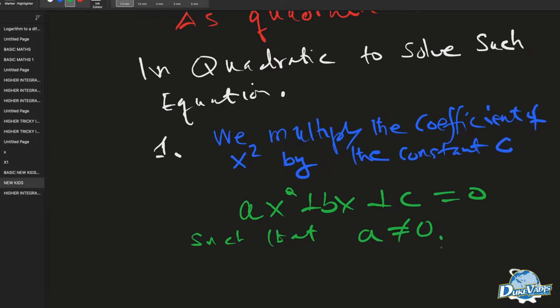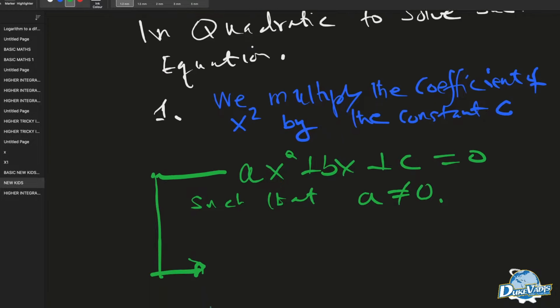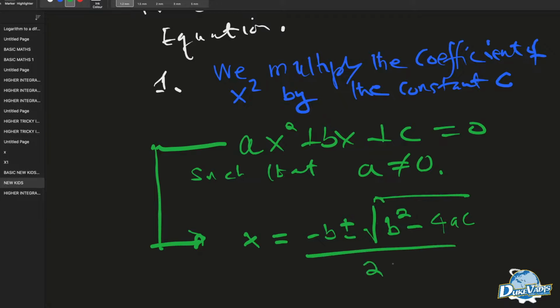So the same quadratic equation has been derived by some great mathematician, and the equation we see over here can be written as x is equal to negative b plus or minus the square root of b squared minus 4ac, all over 2a. People usually refer to this as the almighty quadratic formula.